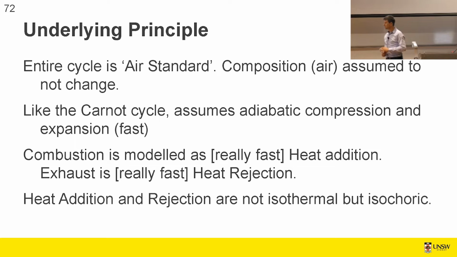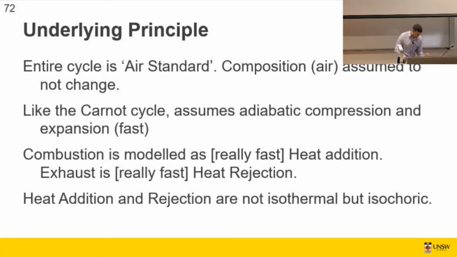And in Carnot's cycle, he said, let's add heat isothermally. So let's compress the gas to a given temperature and then add heat as you expand things so that it's isothermal, okay? The Otto cycle, which is now a real cycle, so we can actually do something with it, says it's not isothermal, but it's constant volume.